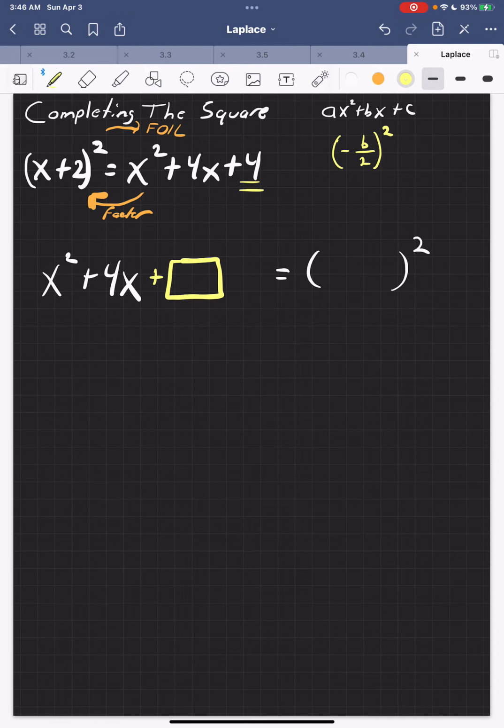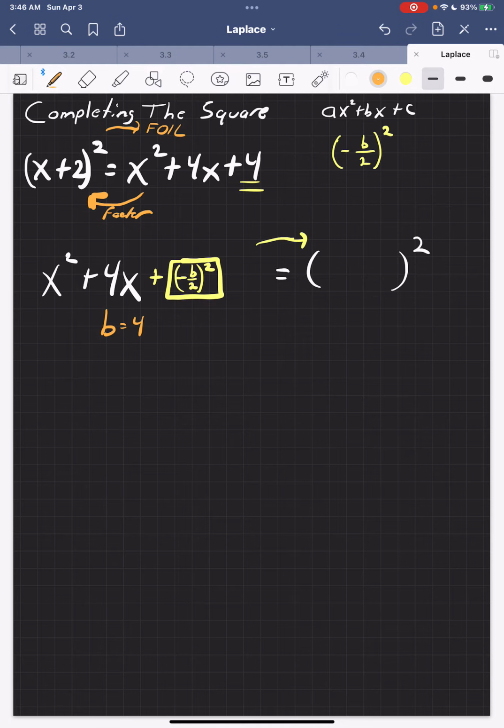So the thing that you would need to add is negative b cut in half squared. That would allow you to write it as a perfect square trinomial. Now, in this case, I think you'll agree with me that b is equal to 4.